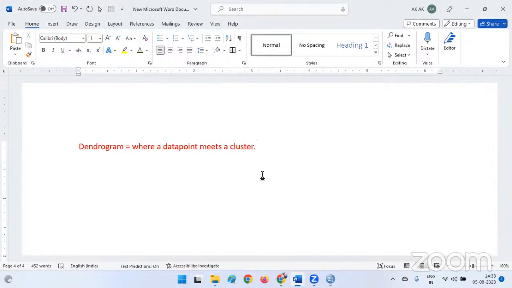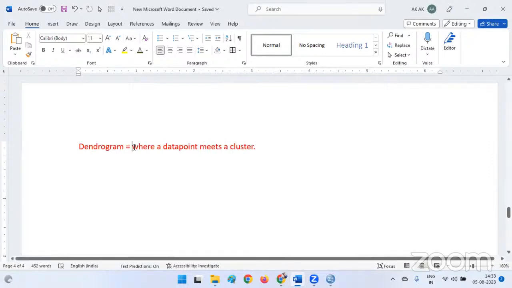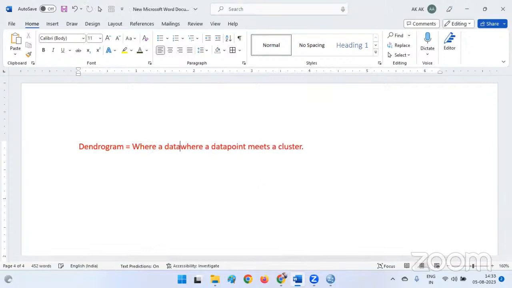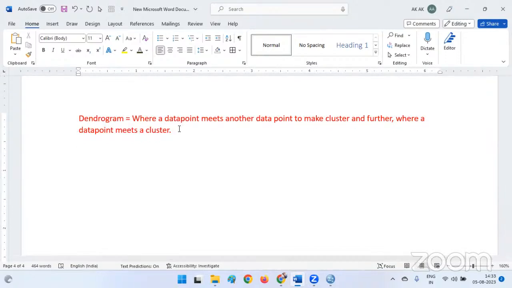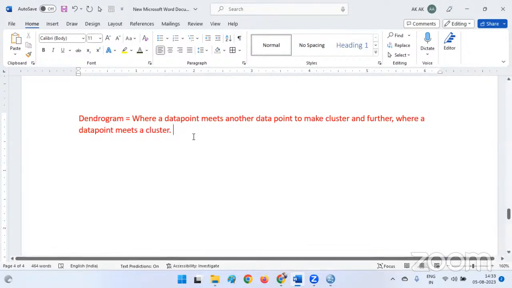Or we can say in the beginning where a data point meets another data point to make a cluster, and further where a data point meets a cluster, so as to increase the family of that cluster. All right. So this keeps on happening.